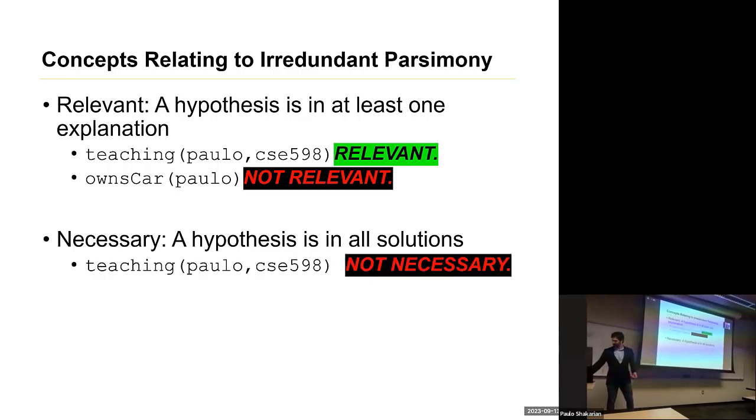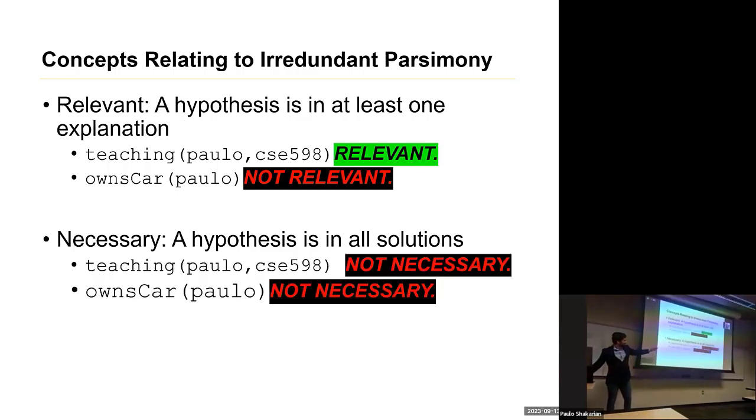Now, in our toy example, we don't have anything like that because we can switch between me teaching CSE 598 and me teaching the other course as an explanation. Now, if I had this conjuncted to all rule bodies, this would then become necessary.